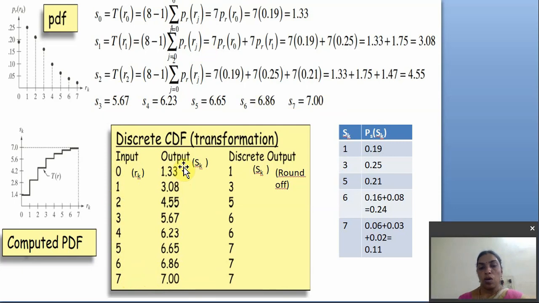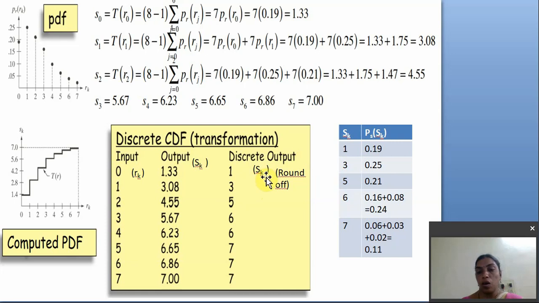For the 0th value, Sk is 1.33; for intensity 1, 3.08; for intensity 2, 4.55; for intensity 3, 5.67. Similarly, note down all the values S0 to S7, and after getting the values, do the round off.